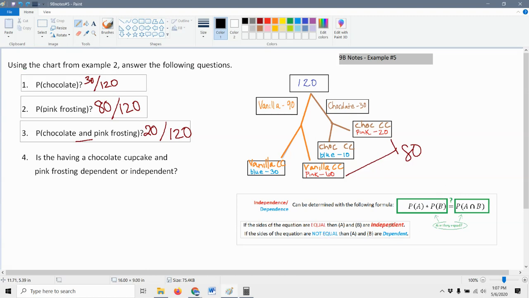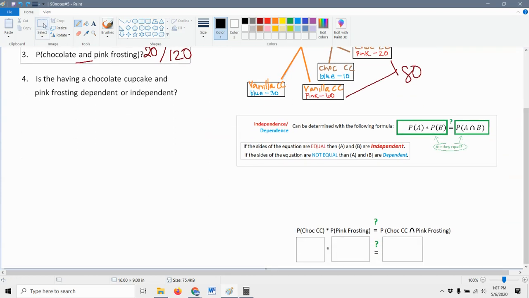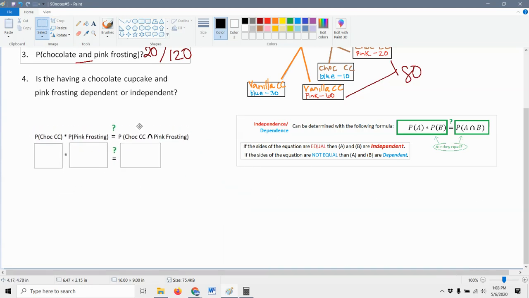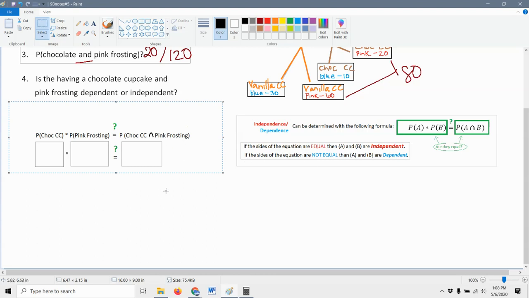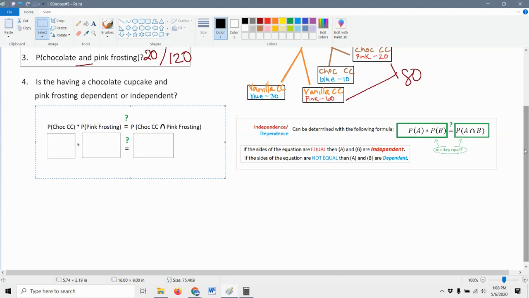Okay? So we're always going to set up a formula and plug in the numbers that are specific to our problem. So here I've prepared a little template that's based on our formula to find independence.